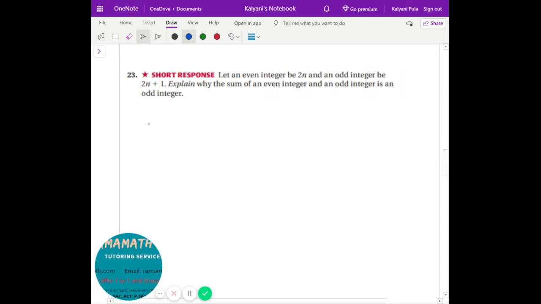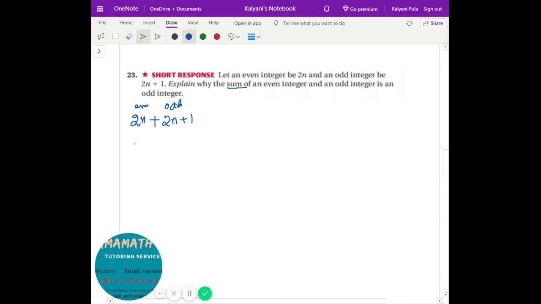That's our priority. So now looking at this one, obviously an even number is 2n. And then we are adding an odd integer. An odd integer is 2n plus 1. If I'm adding these two, what am I going to get?